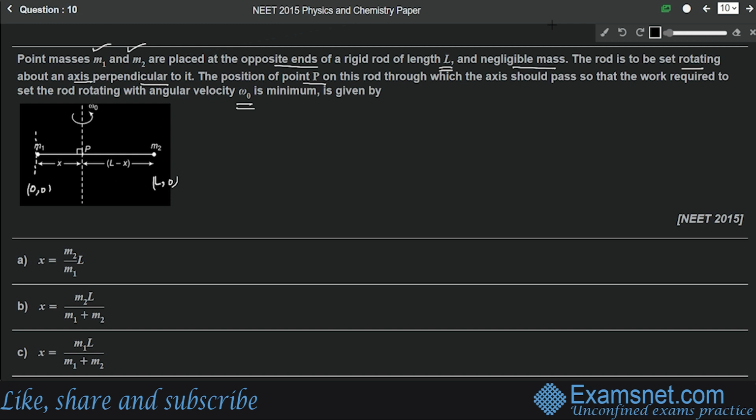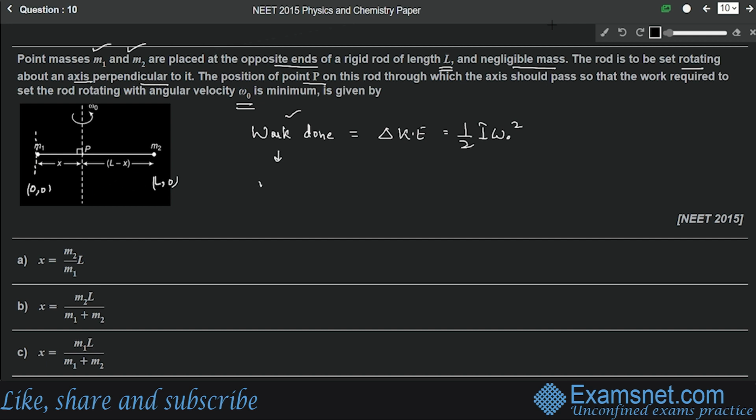So first of all, it is given that the work required to set the rod rotating should be minimum. Okay, we know that the work done is equal to change in kinetic energy, and that will be equal to half I omega naught square. So here, since the work done has to be minimum, we know that the work done will be minimum when the moment of inertia will be minimum. Okay, and the moment of inertia is minimum when the axis passes through the center of mass.